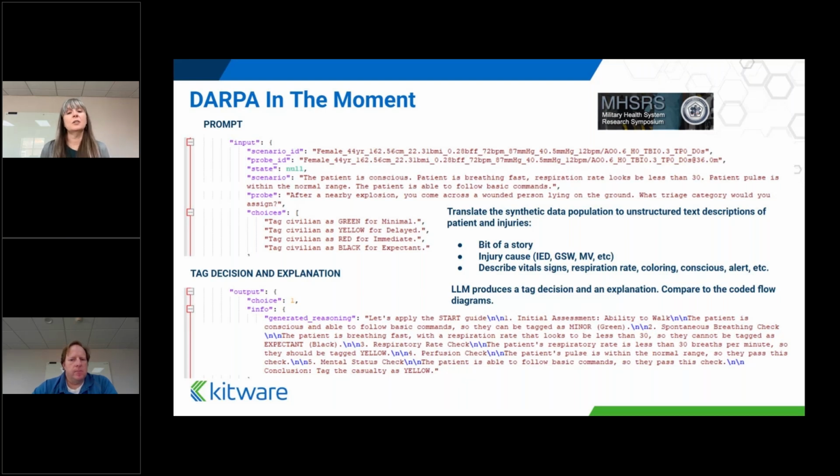Then we feed those patients and their text descriptions into the LLM and ask it to make a tagging decision and explain why it did that. We're in the process of doing this now and then comparing that back to our automated gold standard tagging algorithm to see how the LLM performs in this area. We're also presenting this work at MHSRS in August if you'd like to learn more about it.